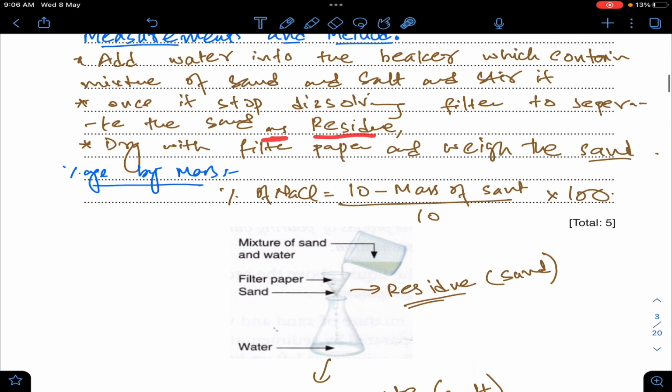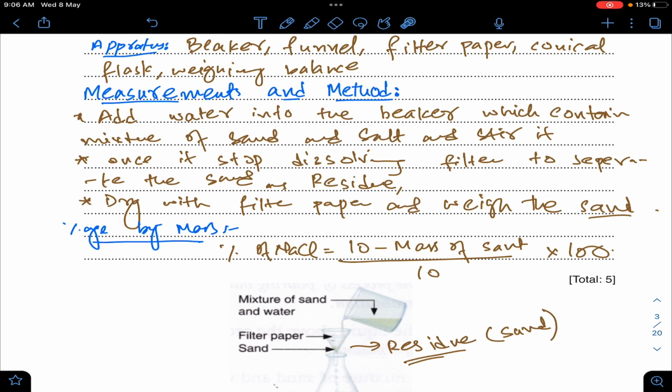The sand will be collected as residue in the filter paper, in the funnel, and then dry with filter paper. It would have some moisture on it. So to get an exact idea of the actual amount, we have to first dry it with the filter paper, and once it completely dries, then weigh the sand.